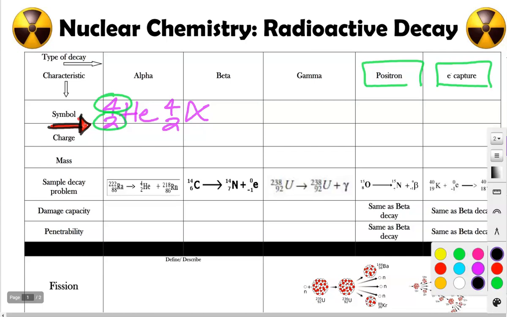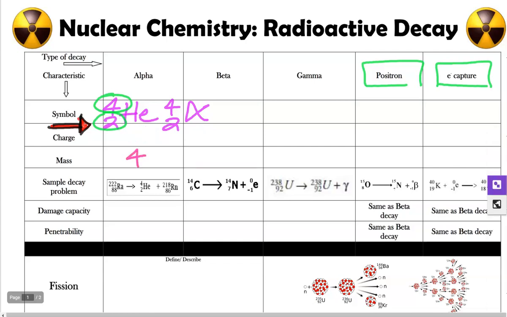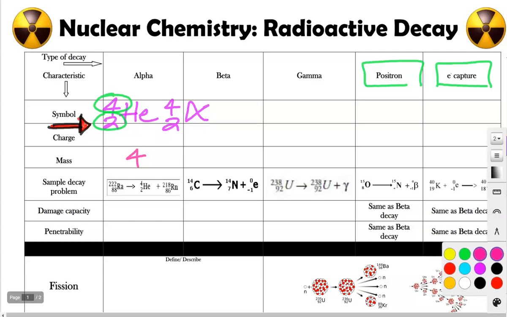So the charge for our alpha particles is +2, and the mass is going to be 4, meaning that when you do problems with this, the mass will change by 4 and the charge can change by 2.